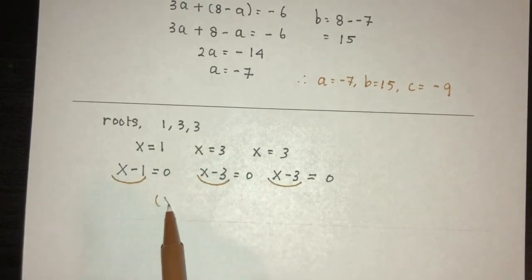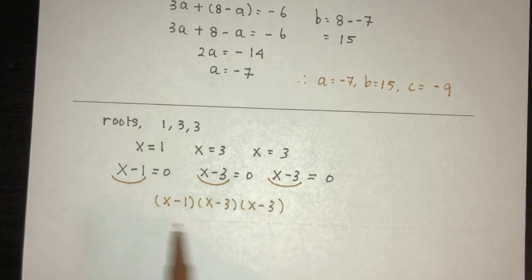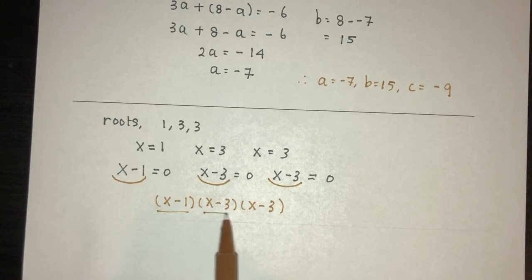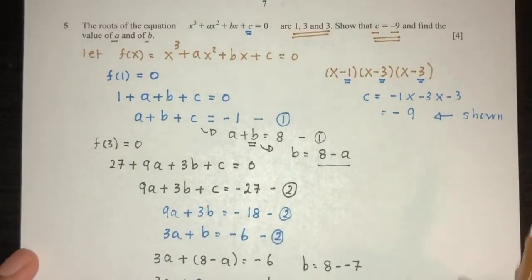By multiplying this by this and by this, you will get the equation of the function. So that's how you find your factors, and by multiplying your factors you get the equation of your curve. That's what we used here to find the value of c in part 1. That is question number 5.